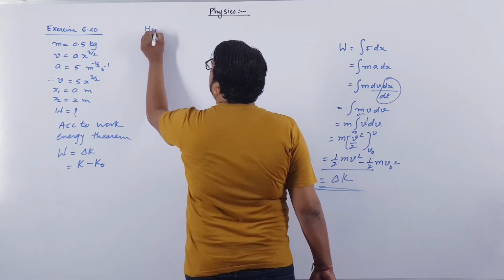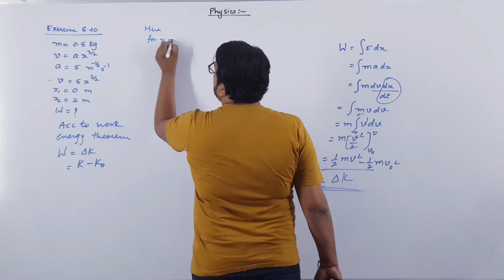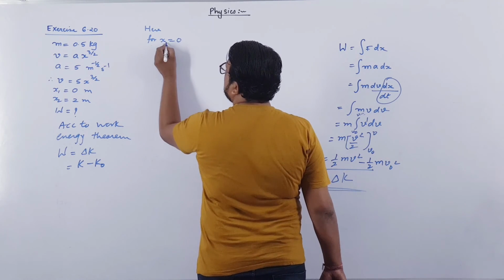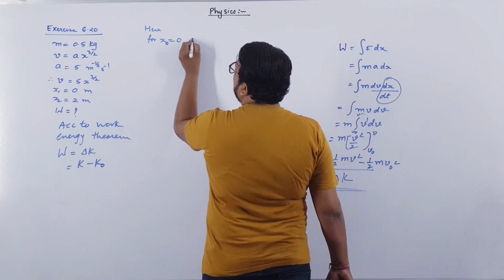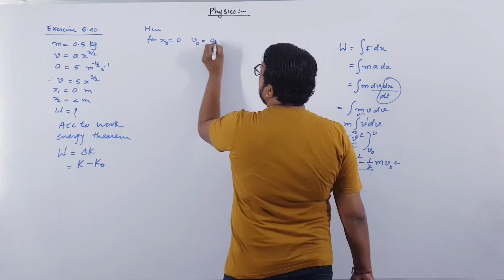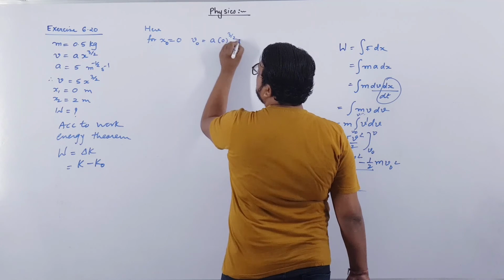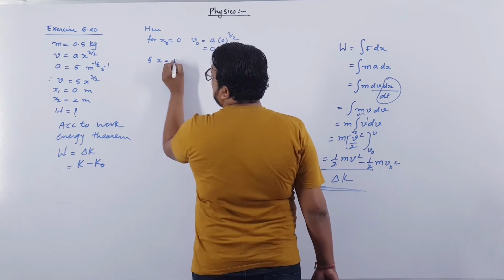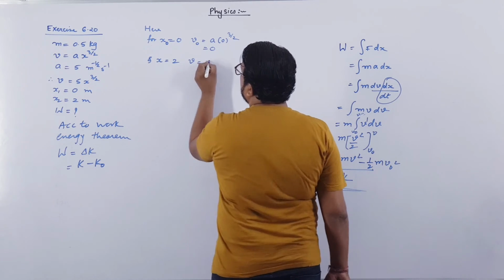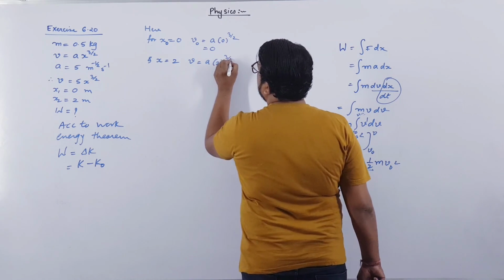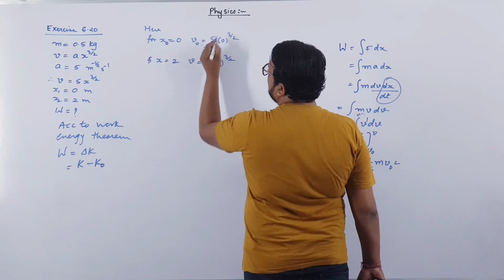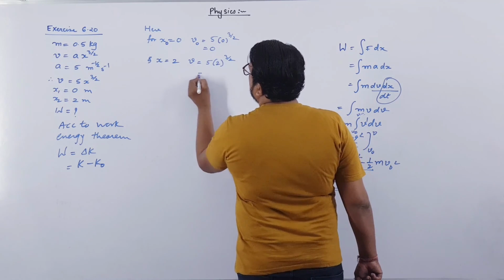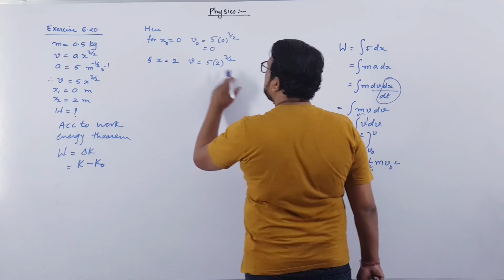Here, for x equal to 0, v0 will be equal to a into 0 raised to 3 by 2, which will be equal to 0. And for x equal to 2, v will be equal to a into 2 raised to 3 by 2. Actually, a is 5.